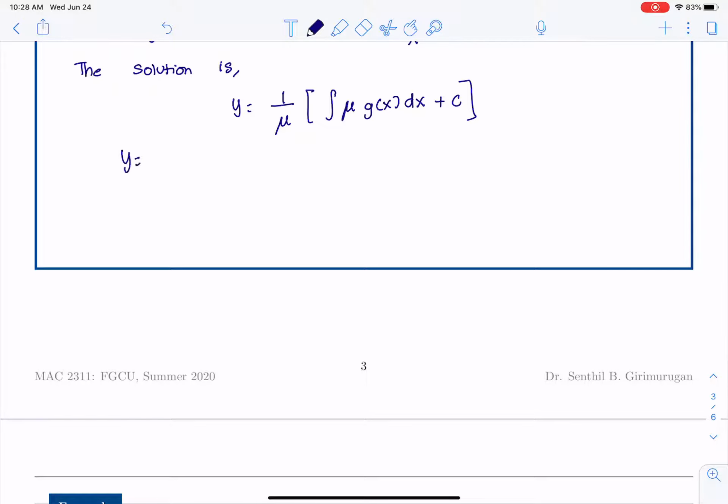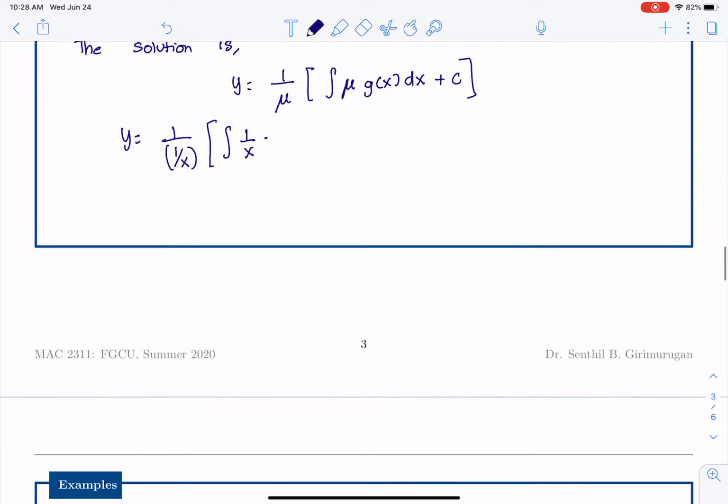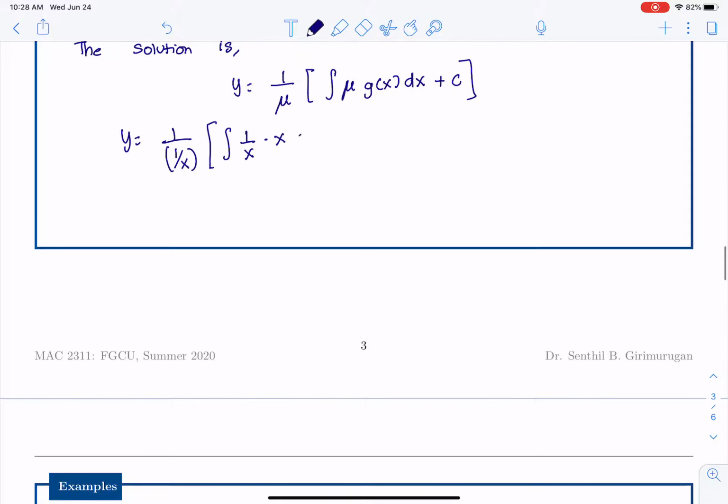So y would be 1 over x times the integral of 1 over x, g of x is x times sine x, dx plus c. 1 over x is simply x.